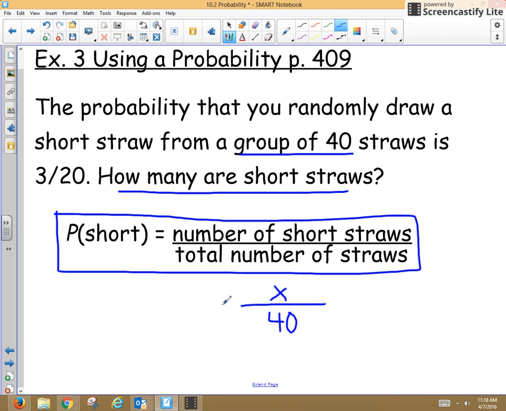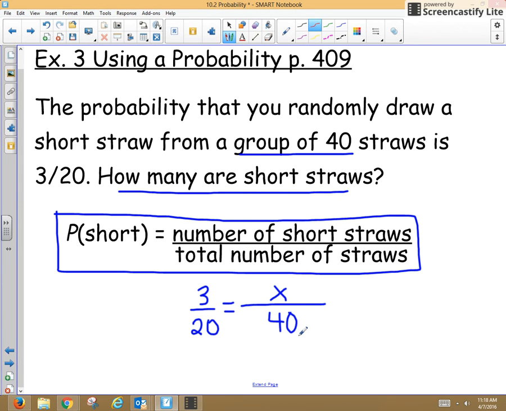Now, think of it as a proportion. We know the probability. It says the probability is 3 over 20. So the probability is actually given to us. They tell us the ratio is a 3 out of 20 chance. We just need to figure out how many straws will be short. So I want you to think of this as looking for a common multiplier. 20 times what number makes 40?